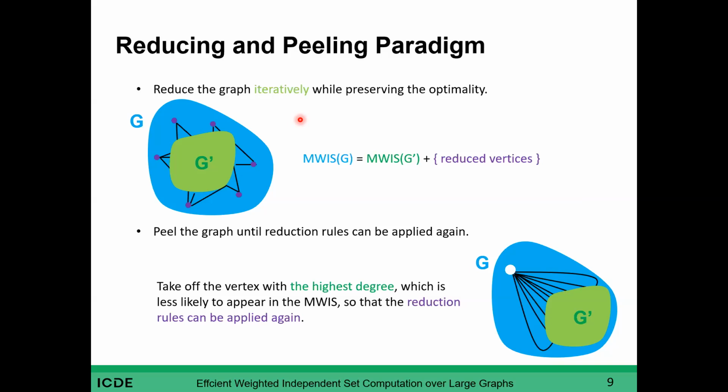After several rounds of reductions, the graph is sure to be stuck in a frozen situation, where no reductions can be applied, and thus we intuitively break this tie by taking out the vertex with the highest degree, so that reductions can proceed again. This alternating process will go on iteratively until all vertices are removed.